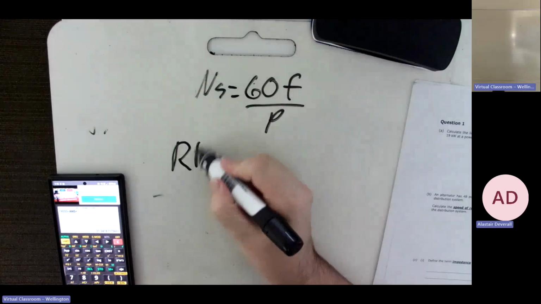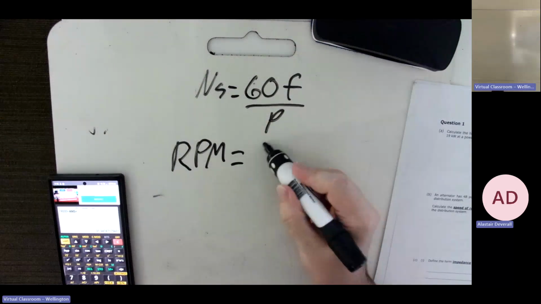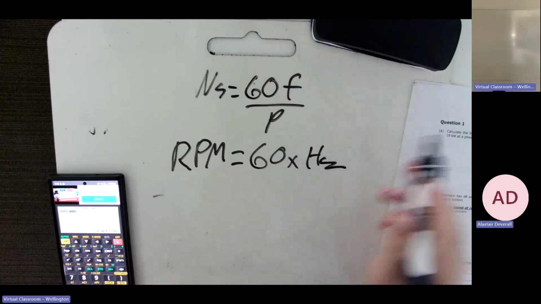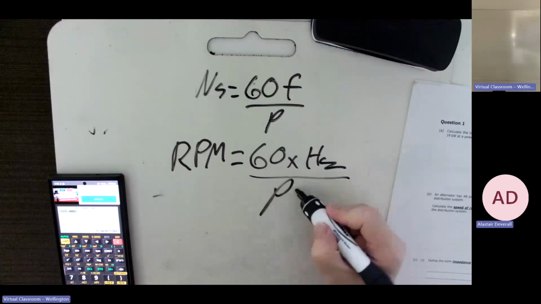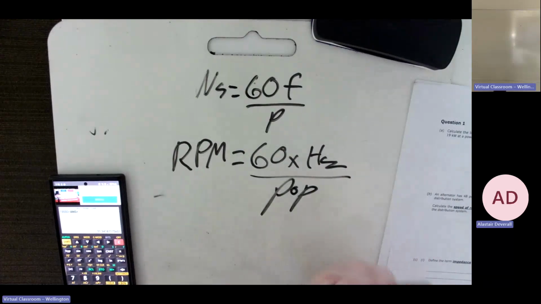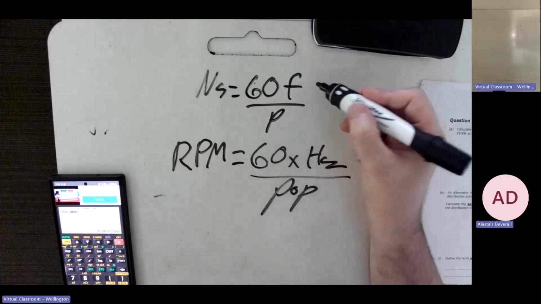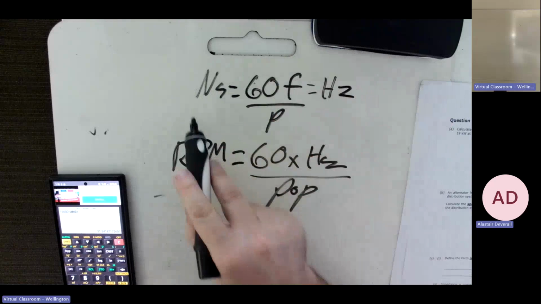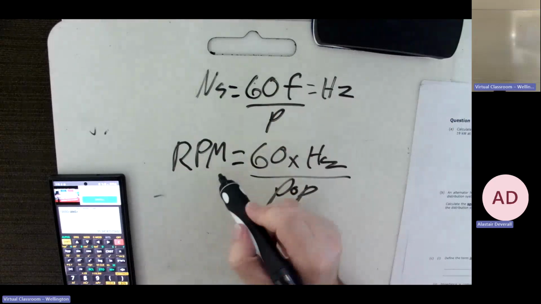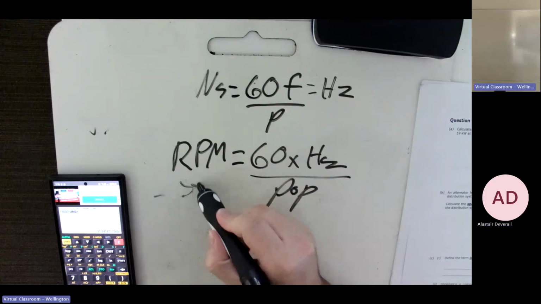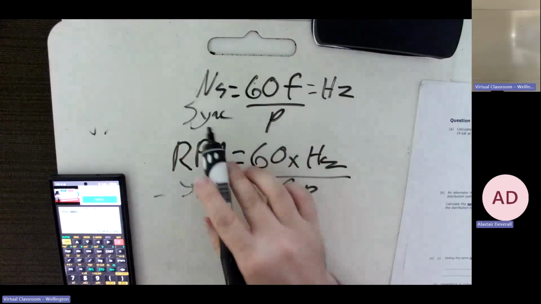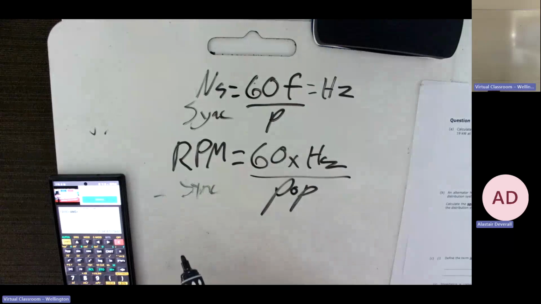I like to use RPM equals 60 times Hertz over P. Same exact formula. The difference is F equals the unit Hertz. NS is synchronous speed, and this is RPM sync. NS and RPM are interchangeable.